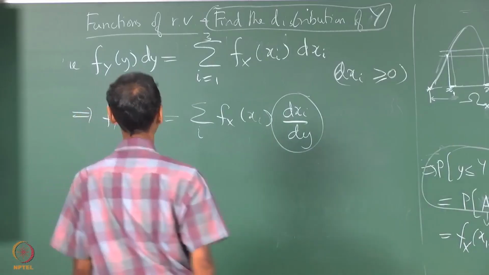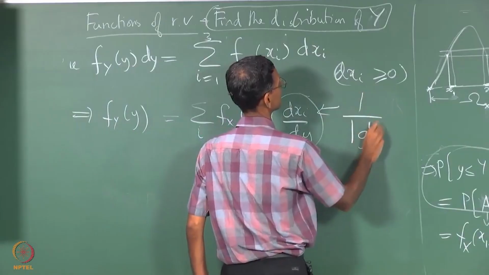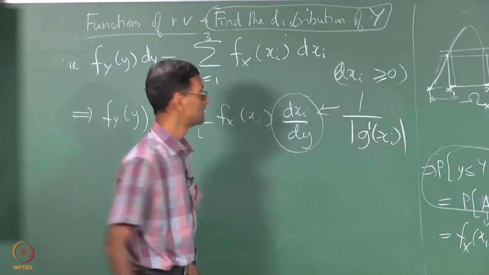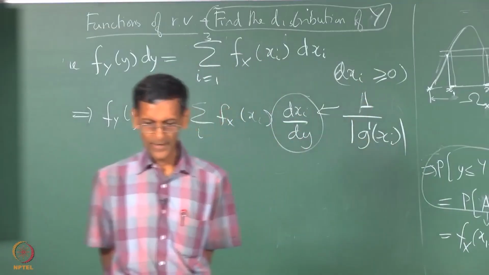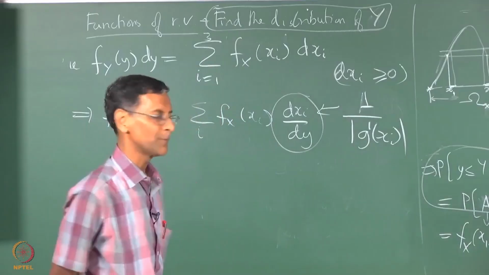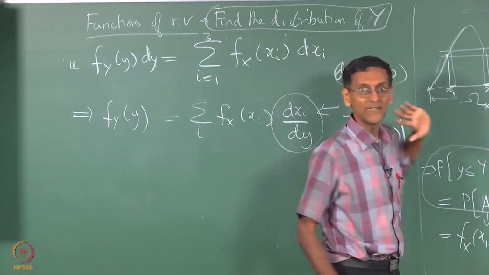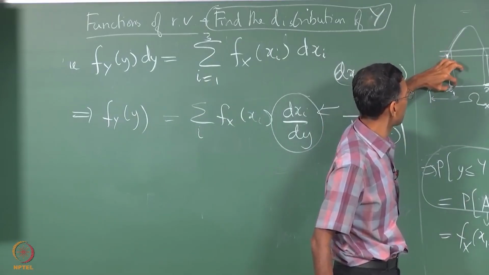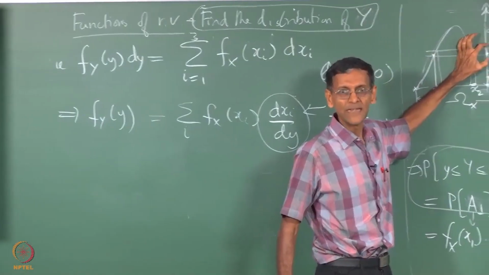So it is written like this, right, 1 by g prime of x_i. Why does this derivative come into the picture? It comes into the picture because you have fundamentally continuous quantities, and if the derivative is large, that means a small variation here can produce a much larger variation here.